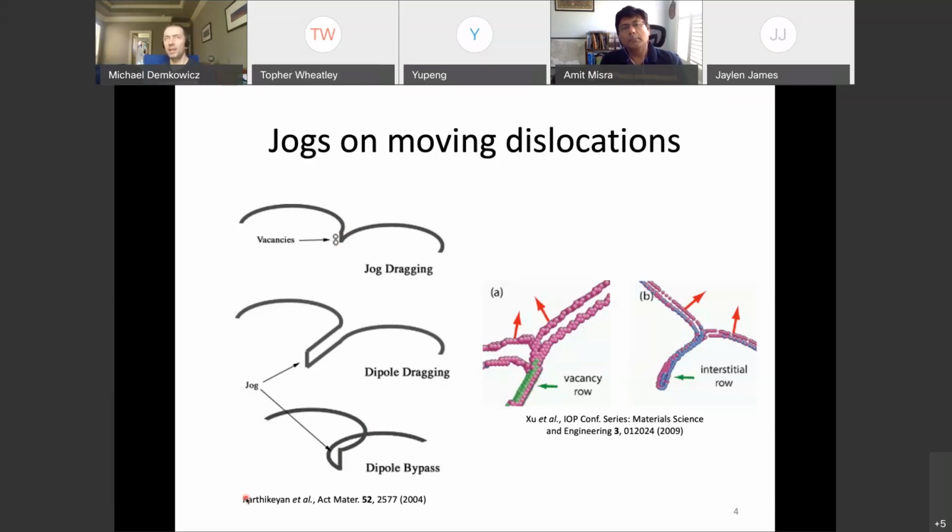So for the jog to climb, vacancies or interstitials, mass, has to be transported to the jog, and that happens via diffusion. What I'm talking about here is what happens if there is no diffusion. You can't force diffusion to occur more or less quickly, at least to first order.